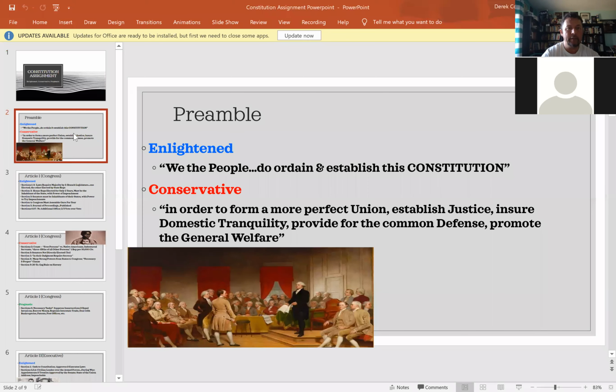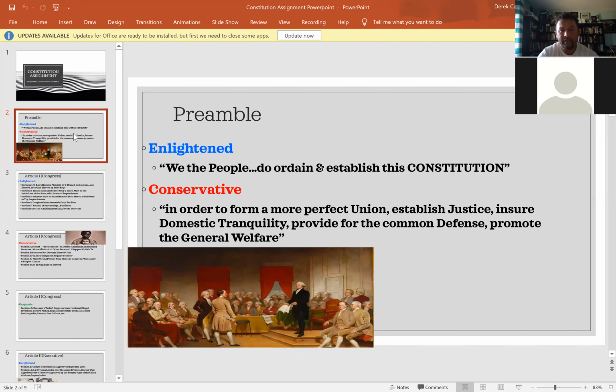So for instance, right, the preamble: we the people do ordain and establish this Constitution. So ostensibly, at least, sovereignty, where does authority rest? What is the origin of the basis upon which the government can say, you owe allegiance and obedience to us? To what extent?